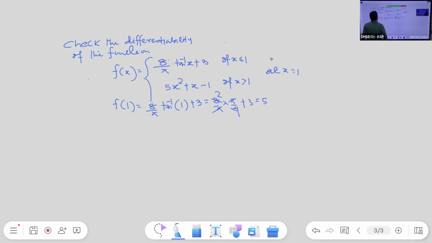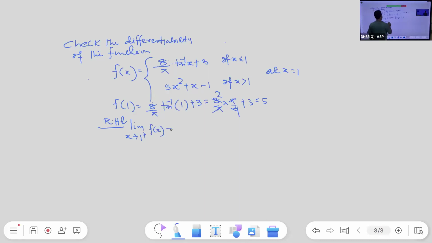Okay. Then the right hand limit RHL is limit x tending to 1 plus f of x.